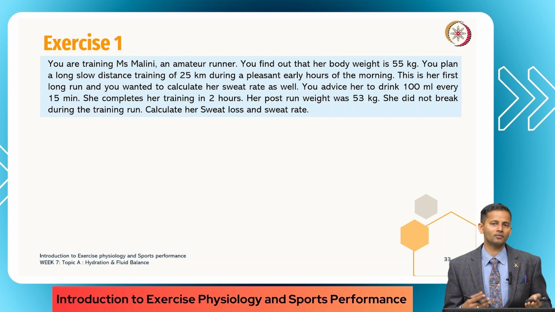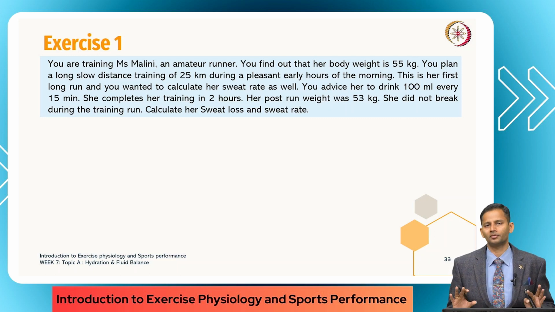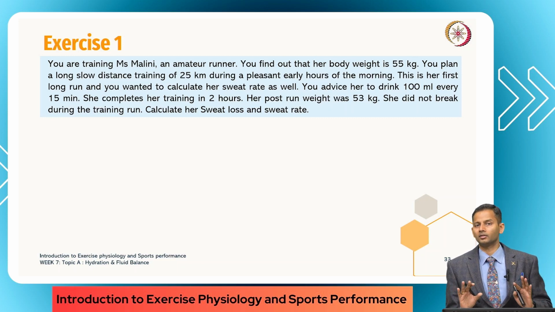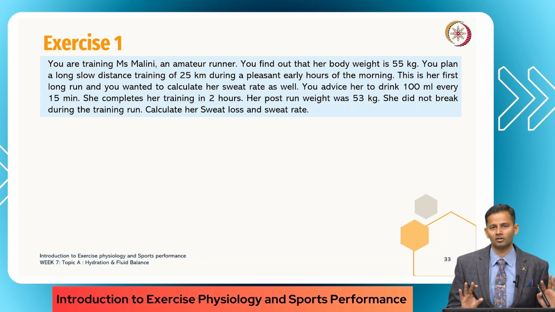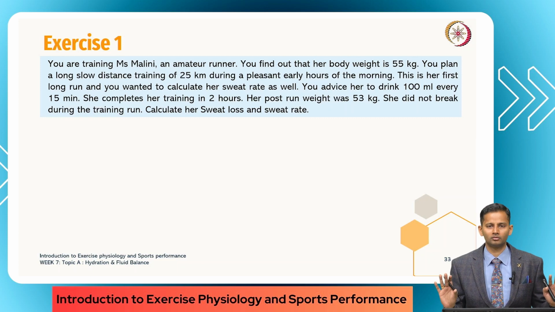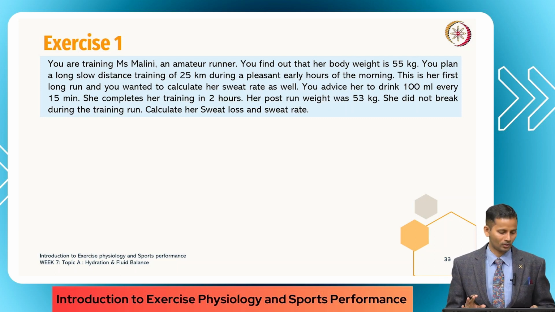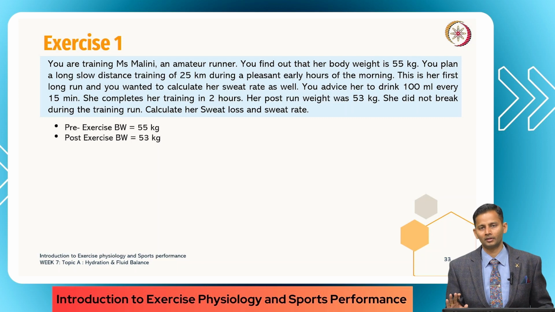Her post run weight was also checked. You checked, it was 53 kgs, and in between she didn't break off for a nature call or pass any urine, so she was comfortable. So now how do you calculate the sweat loss and sweat rate? We know that her weight was 55 kg before the event.